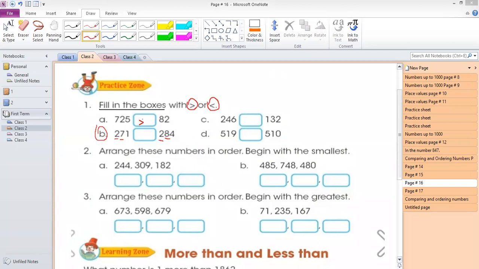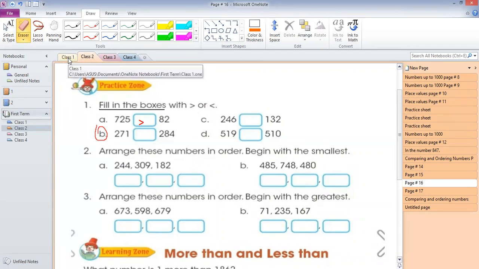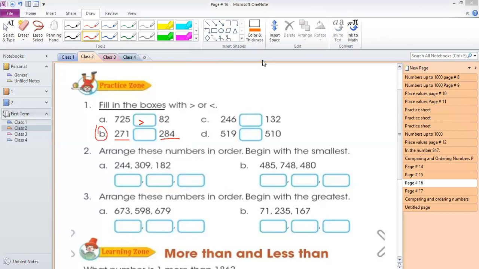Which is greater, 271 or 284? Yahya, can you hear me? I am asking you, please answer me. Which is bigger, 271 or 284?